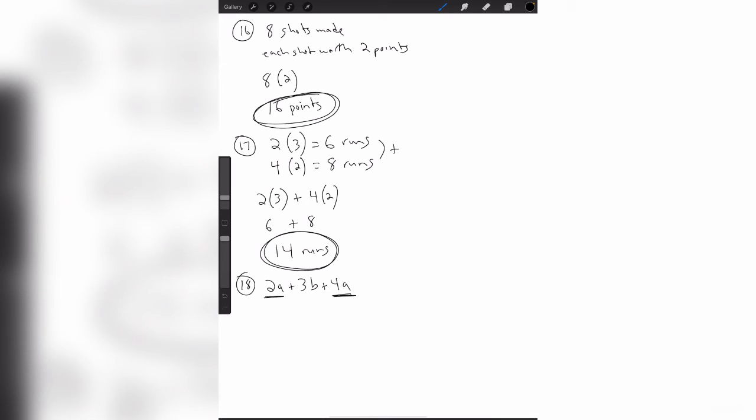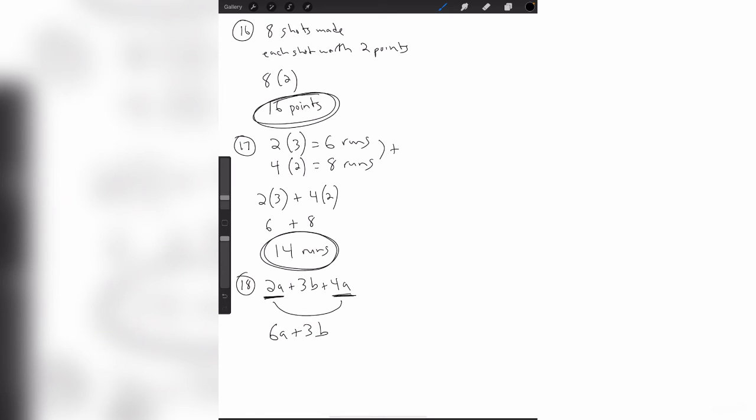You cannot combine 2a and 3b in this example right here. You have to find like terms. 2a and 4a both end in an a. So I can combine these two and say, okay, 2a plus 4a gives me 6a.